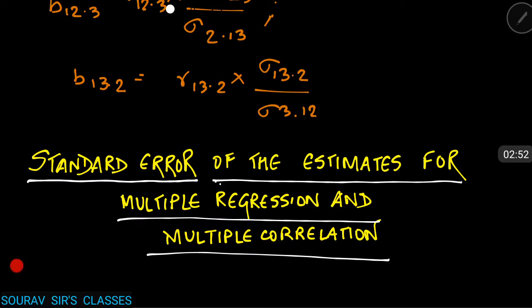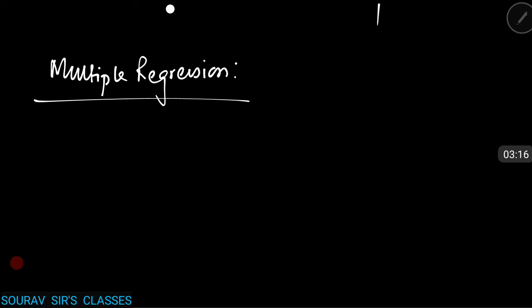The next topic is standard error of the estimates for multiple regression and multiple correlation. Multiple regression. The reliability of the estimates obtained through regression equations is studied through the calculation of standard error of the estimate.